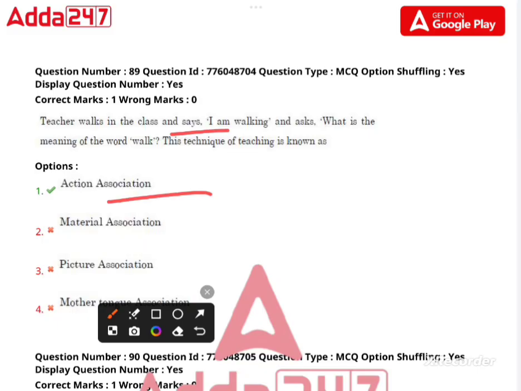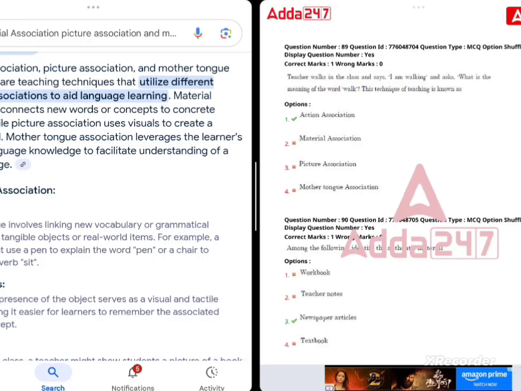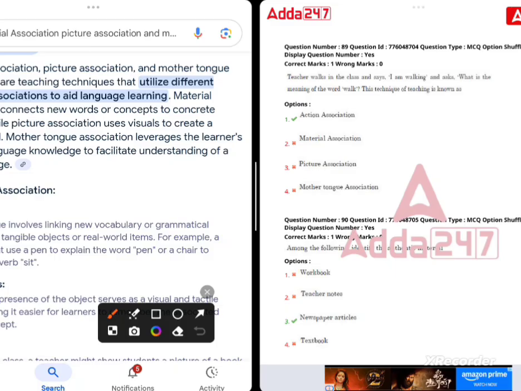Material association, picture association and mother tongue association are other techniques of teaching. Material association, picture association, and mother tongue association are teaching techniques that utilize different types of association to aid language learning.